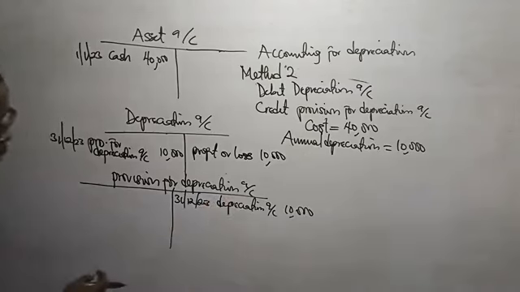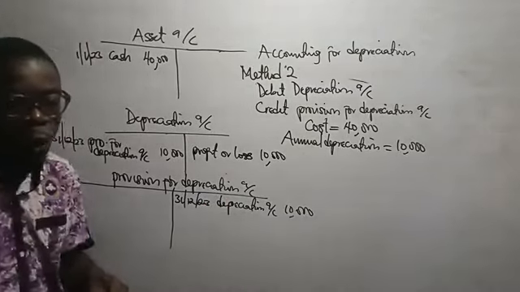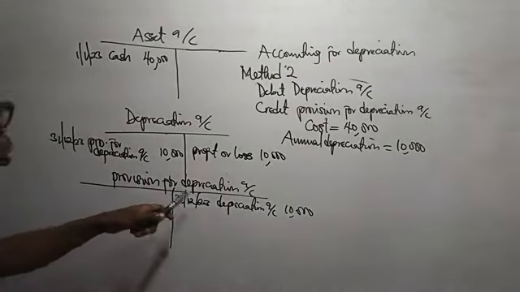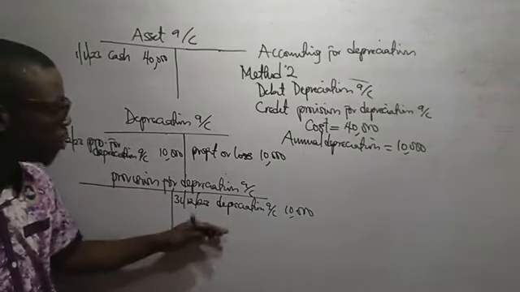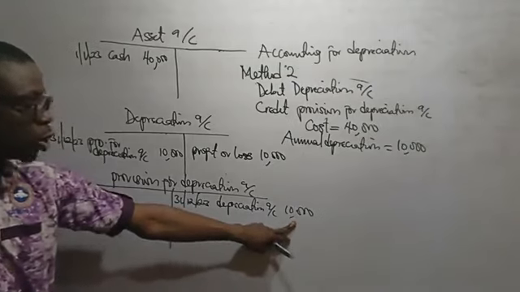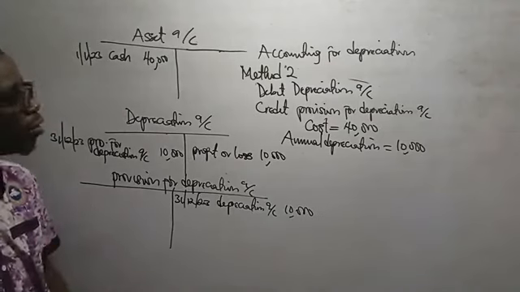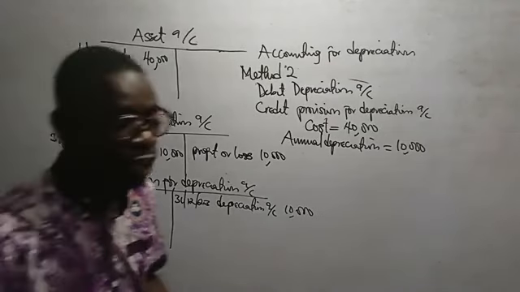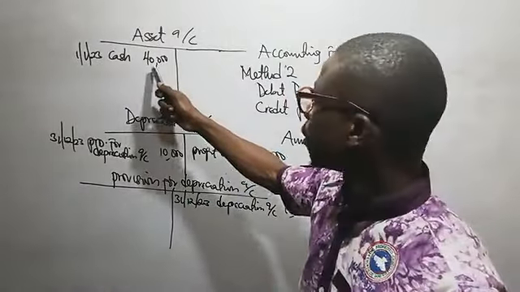If you make any depreciation in the current year, you will be accumulating it in provision for depreciation. That means your provision for depreciation will be increasing. In year 2024, provision for depreciation will be 20,000 naira. It will be increasing until the asset is fully depreciated. You can see the cost of the asset.